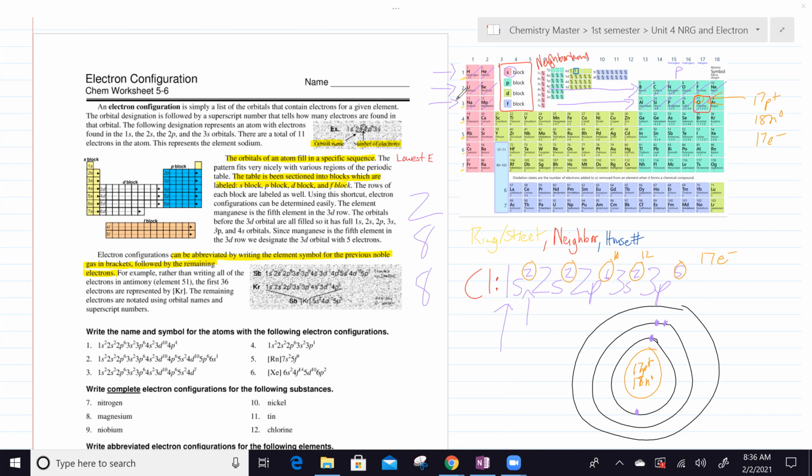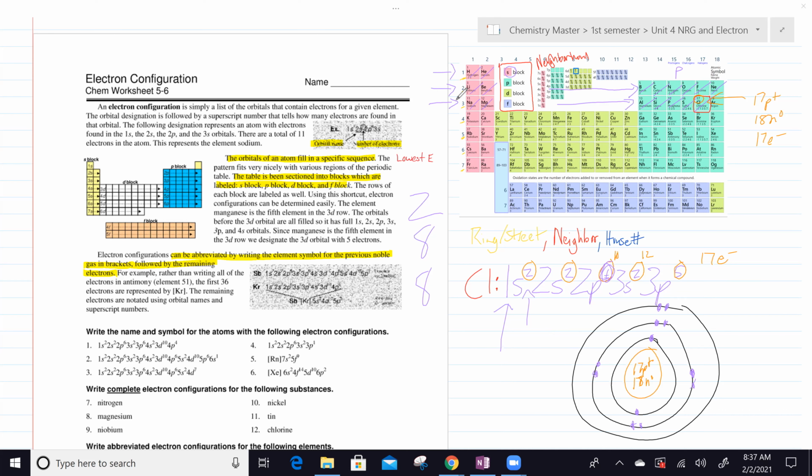Well, let's keep going. 2p6. Oh, so there are 6 more electrons on this ring. They're just a different shape. The 2 s electrons are just circles, and the 6 are a different shape. So here's your 1, 2, 3, 4, 5, 6. That's your 2p6. It just means those are shaped differently than the s electrons. 3s2, 1, 2.